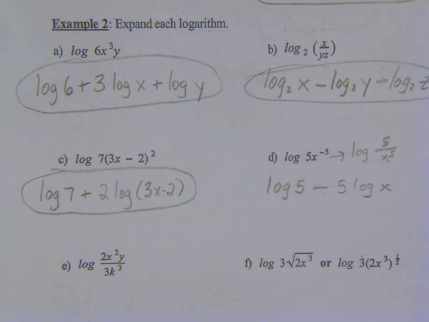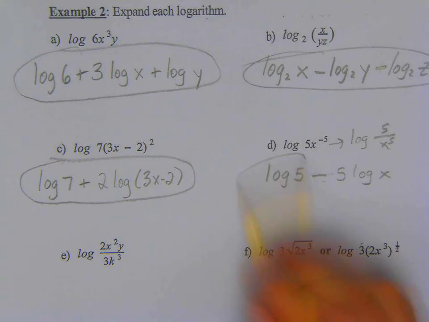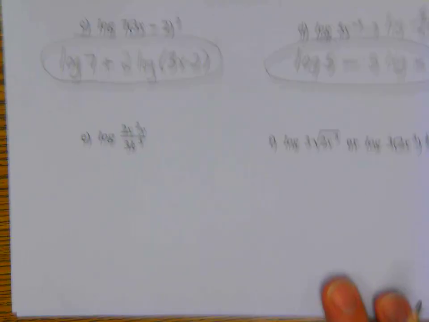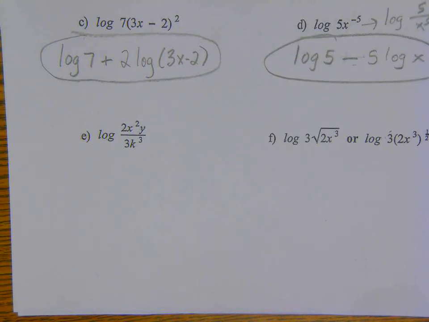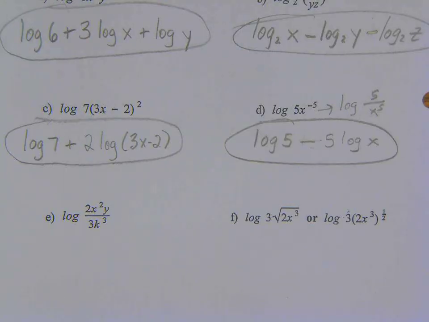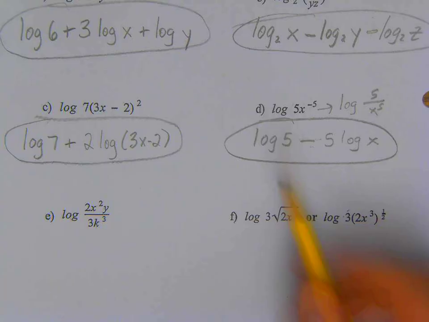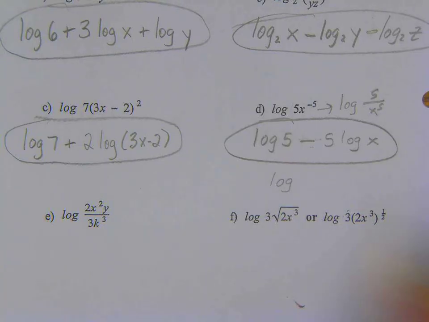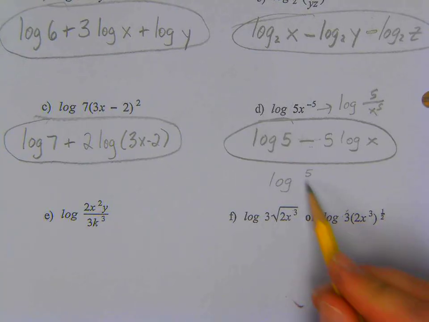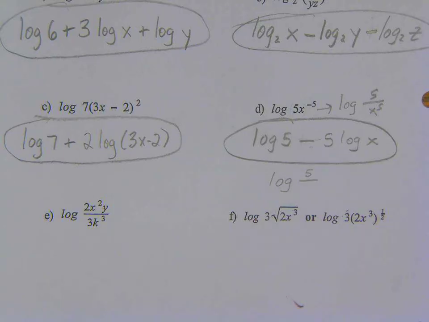All right. Let's look at this one. It's like a minus, and then it's a negative, so it's kind of like adding. I don't understand. Okay. So if this was the problem, you would go log, and then you would write 5, and then you would put over because it's minus, right?